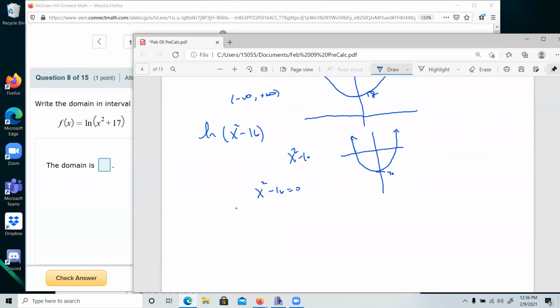Make it equal to 0. So x minus 4 times x plus 4 is equal to 0, x equals 4, x equals negative 4. These are my x's, these are not my y values. So I'm going through to graph this thing. Pick your favorite number smaller than negative 4. What about negative 5?